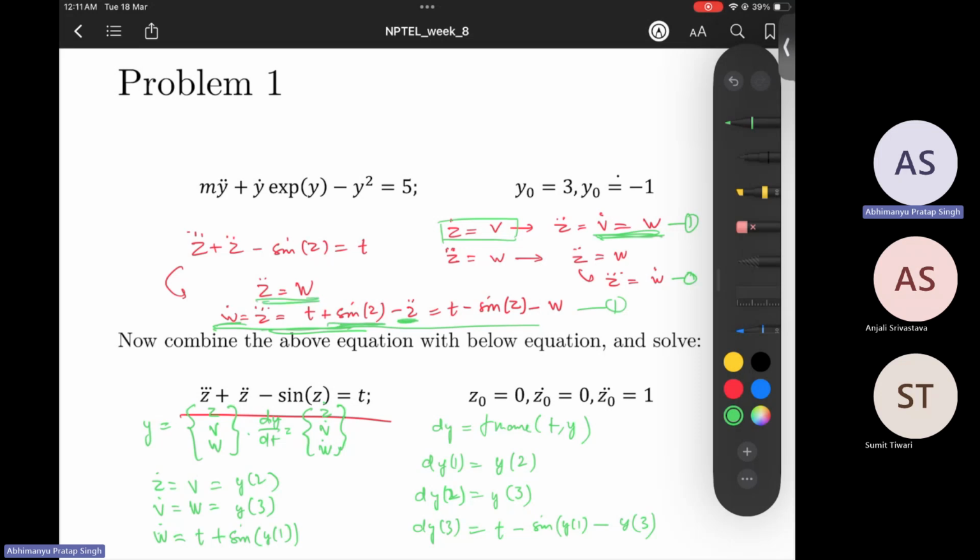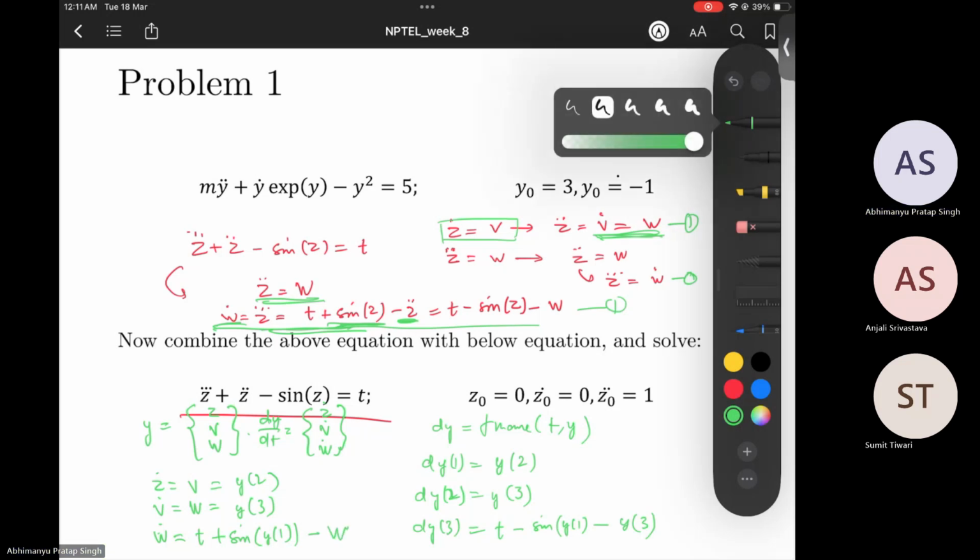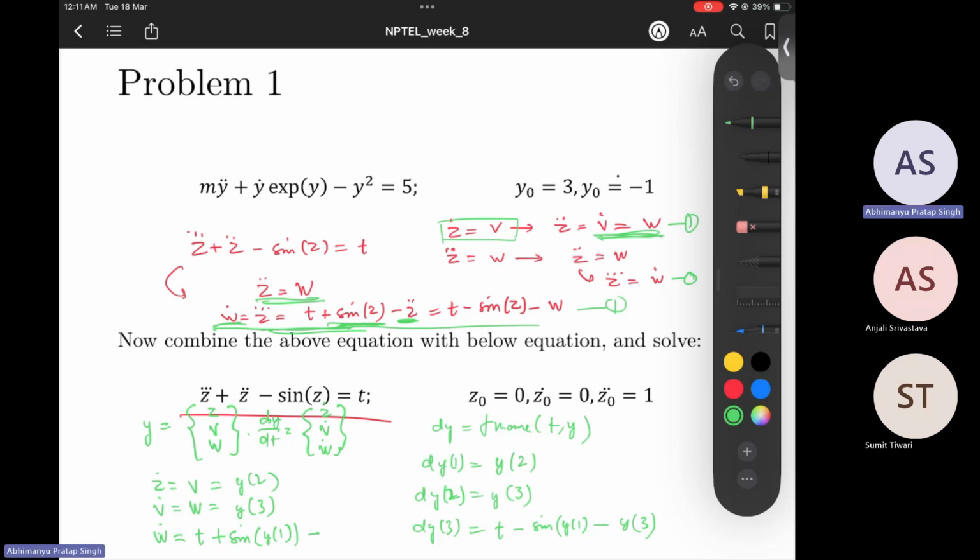My z double dot is w, so minus w or y3, because my w is y3, right? So is this clear to everyone? How do we convert a third order ODE to first order ODEs?